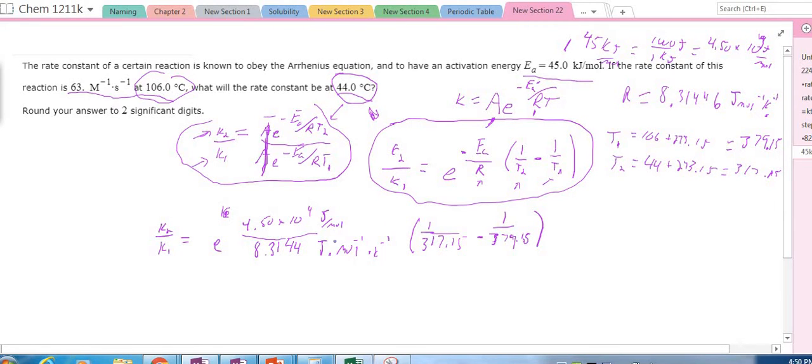So you can see that's kind of some hairy math. It's not the worst math in the world, but it's not my favorite math in the whole world.